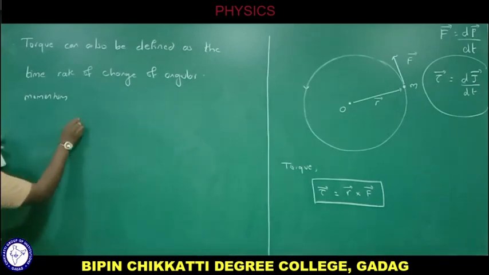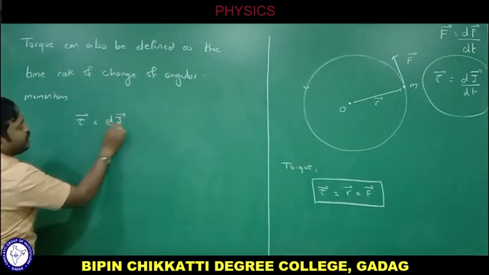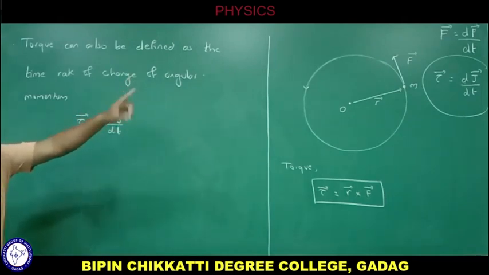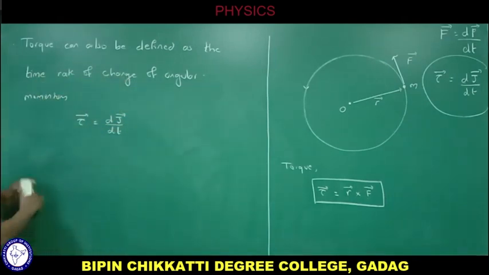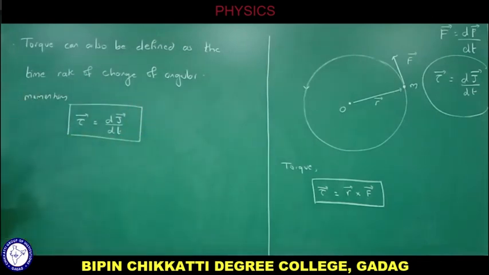Torque tau is equal to dJ vector divided by dt. This is from Newton's second law. So remember, it is analogous to force. Tau can also be defined like this: it is the time rate of change of angular momentum.